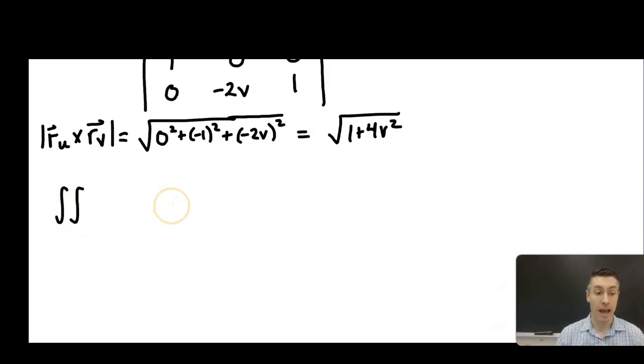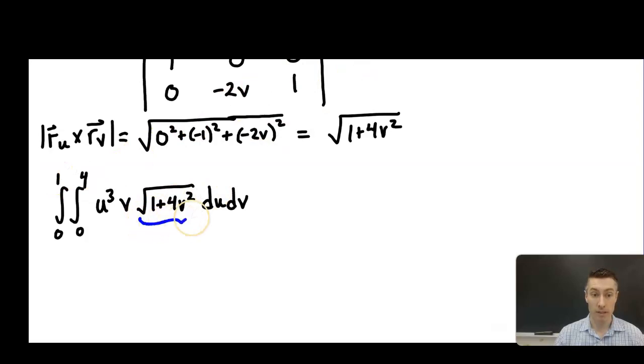The function is x cubed z, so it's going to be u cubed v, replacing it with the parameterization. Then the dS becomes the square root of 1 plus 4v squared. And then dA, but we can just go directly to saying du dv. u is bound from 0 to 4, v is bound from 0 to 1.